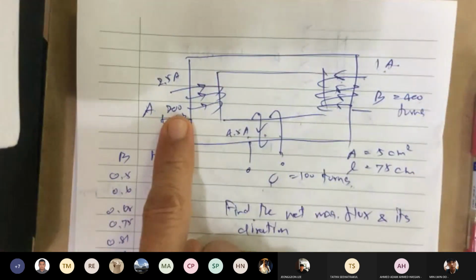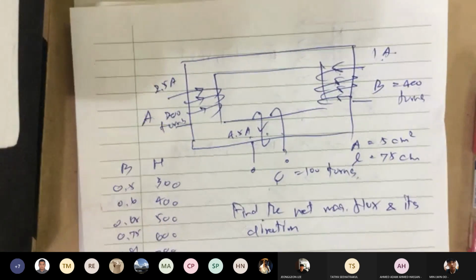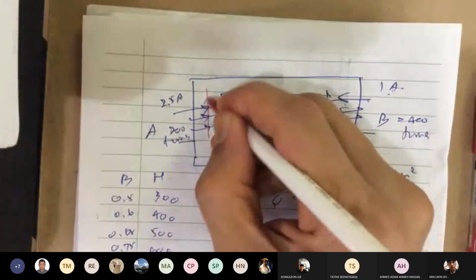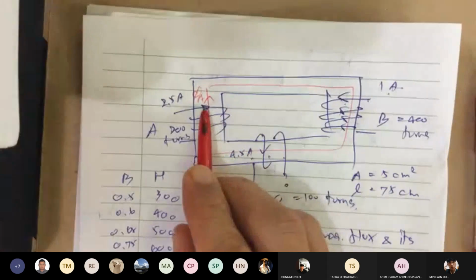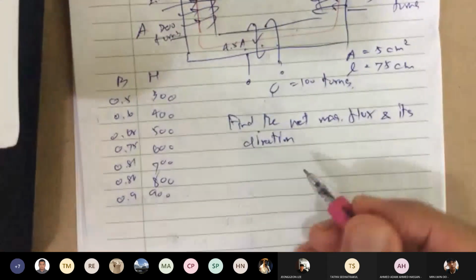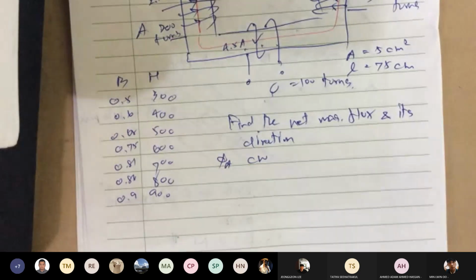Right hand rule again. So phi A going up. So this is my phi A, and it's going to loop this way. So I'm saying phi A, CW direction.